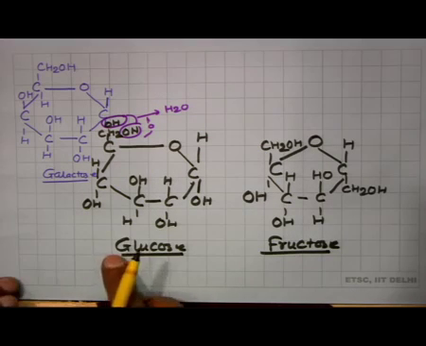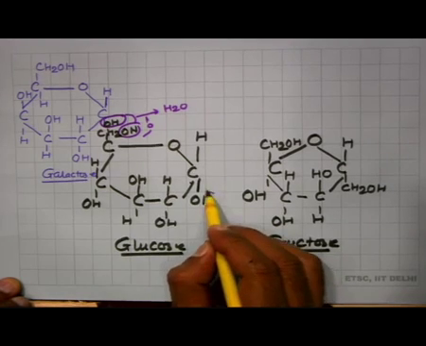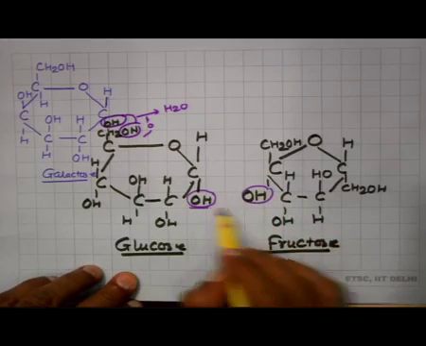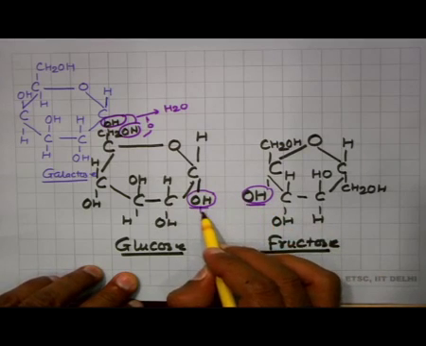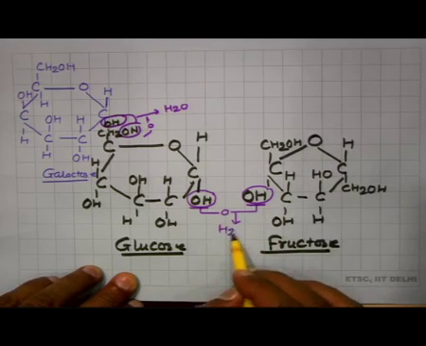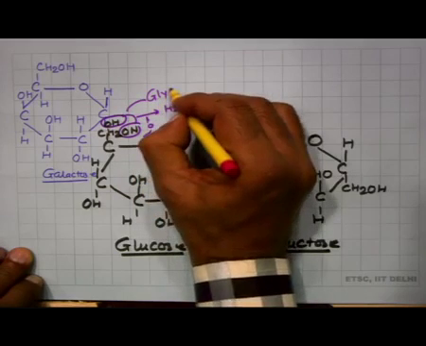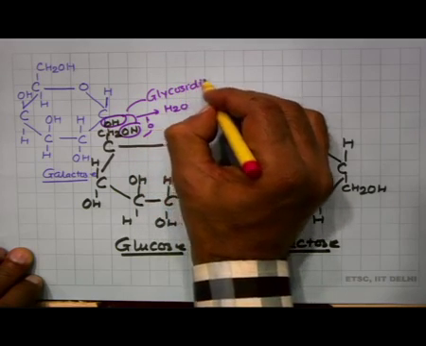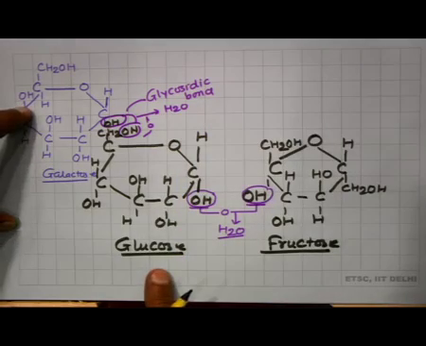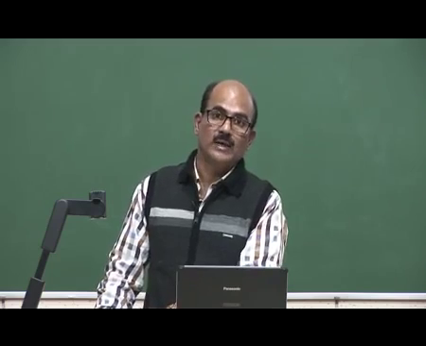Now, when the glucose and fructose are combined, water is released from here. This OH and OH combine, and water is released. Here is one glycosidic bond between galactose and glucose, and another glycosidic bond between glucose and fructose.